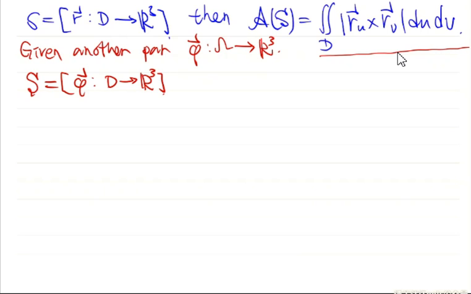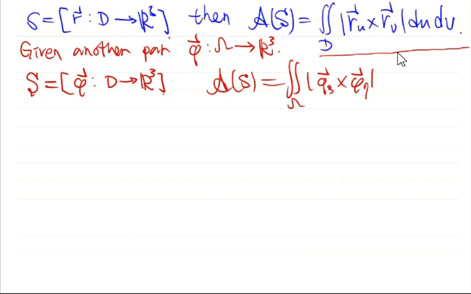Then, if we compute the area using this new parametrization, we should have an equal result, d eta. This is also a double integral over the two-dimensional region omega.